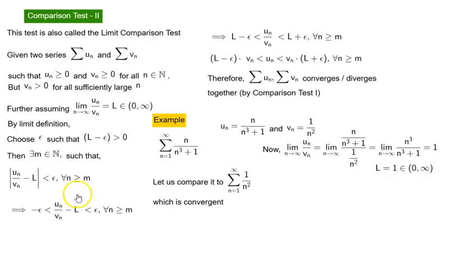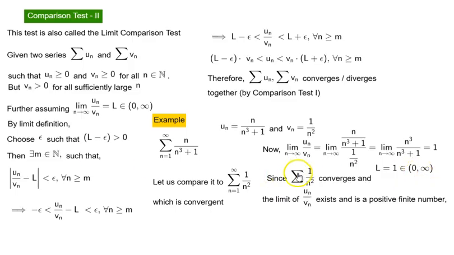Again, the limit L is equal to 1, which is a finite number. Since the series 1 by n square converges and the limit of the ratio u sub n by v sub n exists and is a positive finite number, by comparison test 2, we can say that the given series also converges.